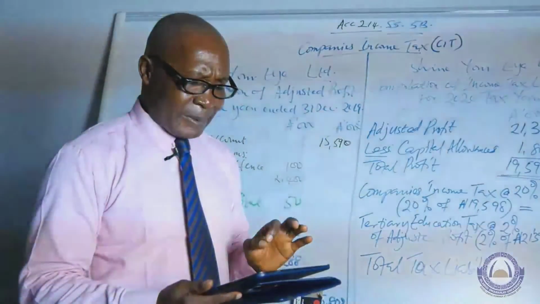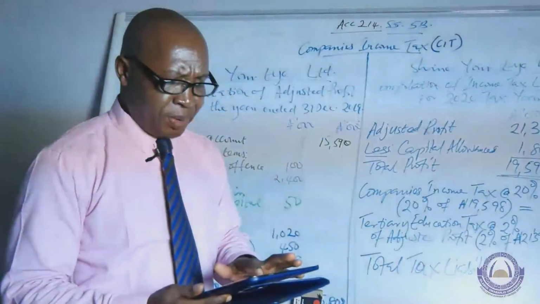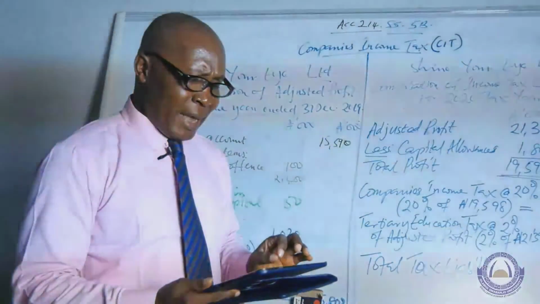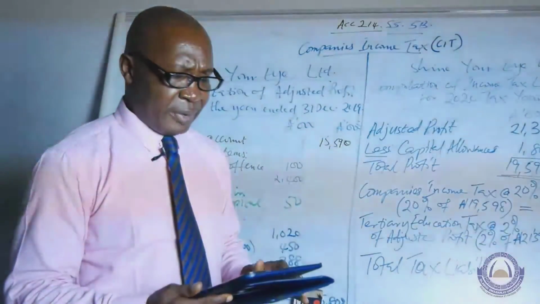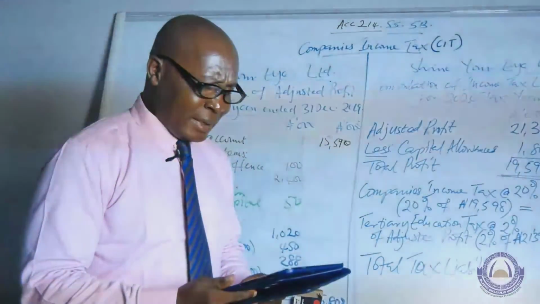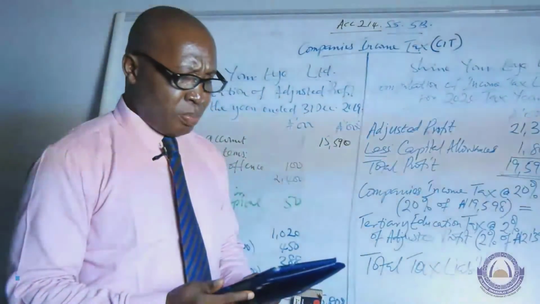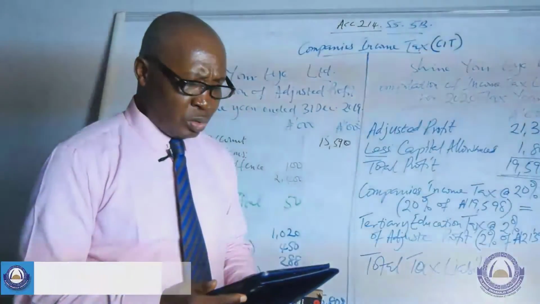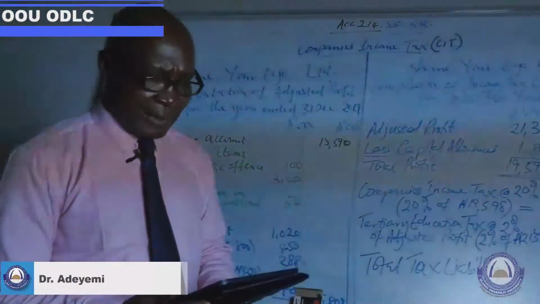25% of the donation was expended on hiring a first-class musician, P Square, to play at the birthday party of the company's chairman, Chief Mustafa. Included in the rent was 288,000 paid to a landlord in whose house the MD's cousin, Miss Juliana, resides.